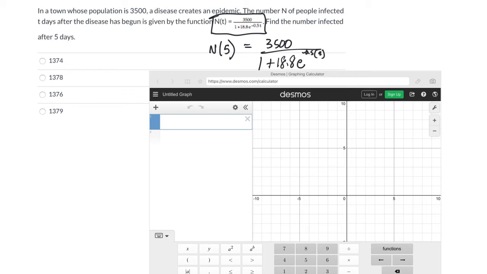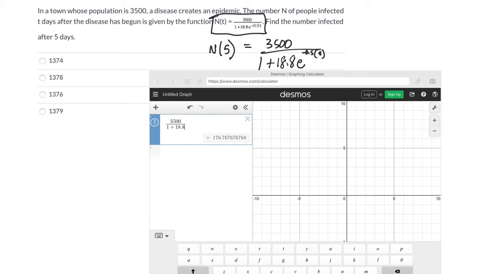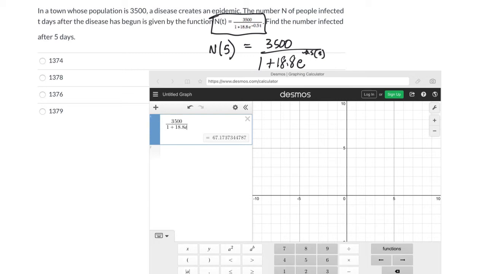So 3,500 divided by, so it's looking exactly like the other one, 1 plus 18.8, and then e. Where's my e? I'll have to go to the alphabet there. E, okay, and then to the, that's that button, and 0.5 times 5.